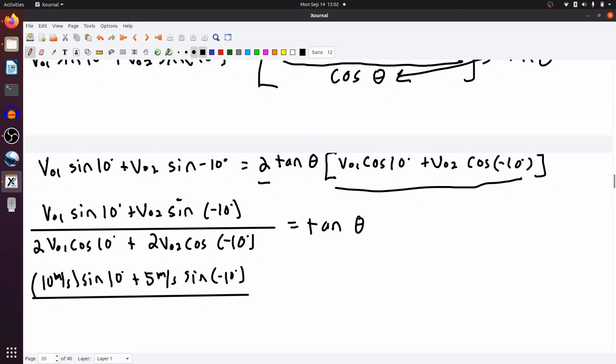And then 2 V naught 1, so I'm just going to write 20 meters a second, because 2 of V naught 1 cosine of 10 plus 2 of V naught 2, so that's 10 meters a second. Sorry, I keep writing the wrong one. Cosine of negative 10.